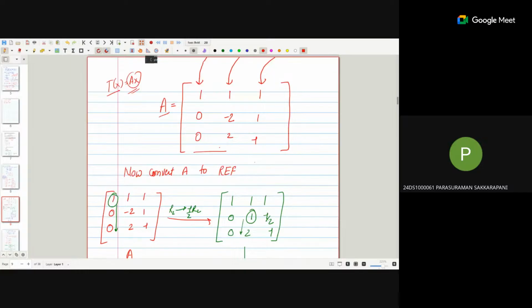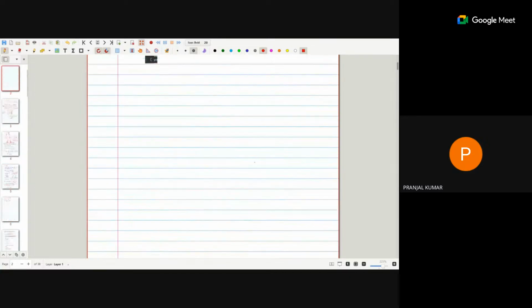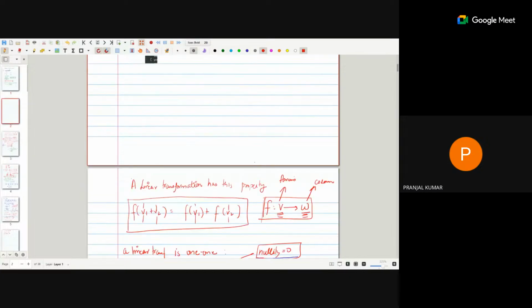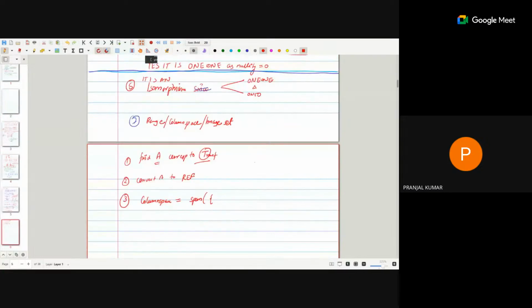For the column space, take the first column and second column and place them inside the span. So: the columns in the original matrix corresponding to the columns in REF which have pivots.